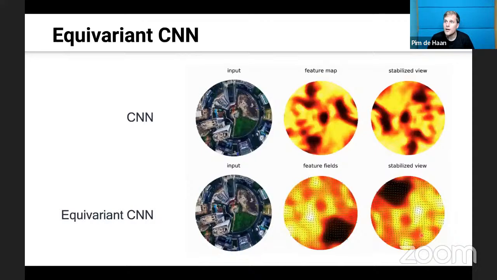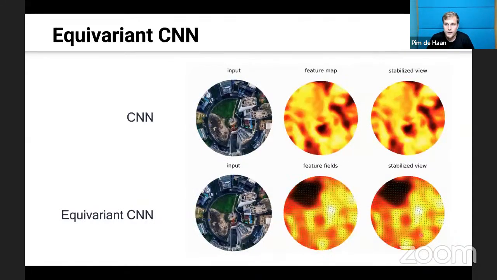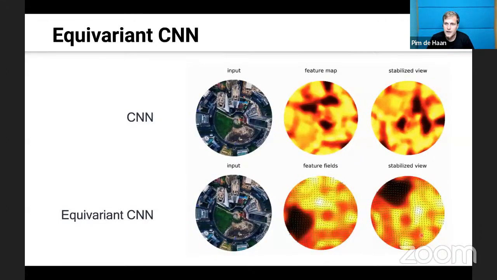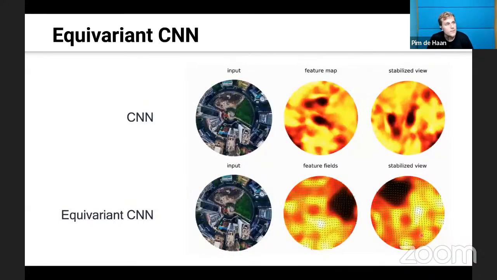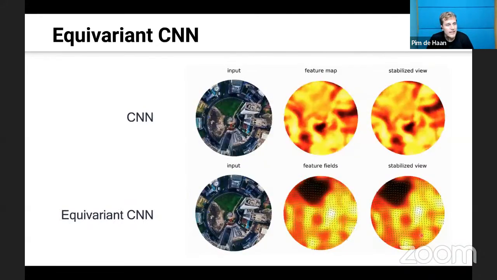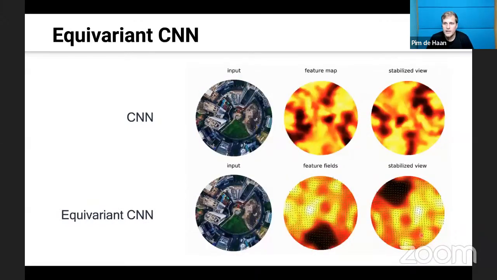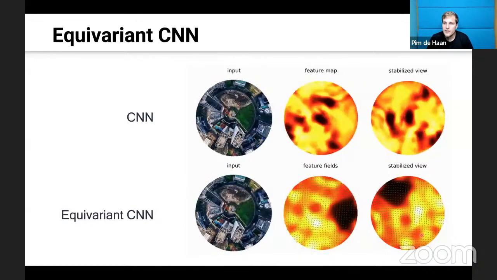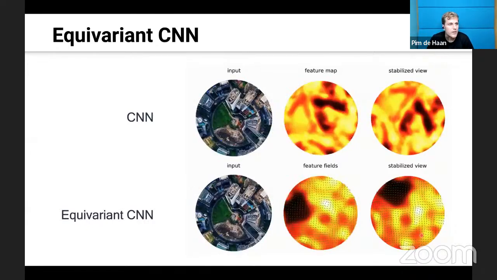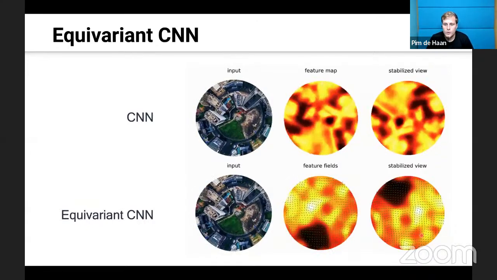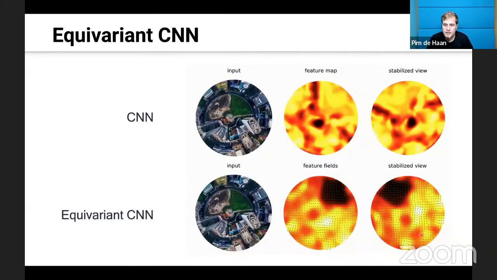There are, I think, two good reasons for why explicit equivariance can be preferable. The first one is that if you build a network in which all your layers are equivariant, then you have a stronger constraint than only requiring the inputs and outputs of your whole network to be equivariant. So in a way, it's more akin to augmenting not only the inputs and outputs, but also every intermediate layer.